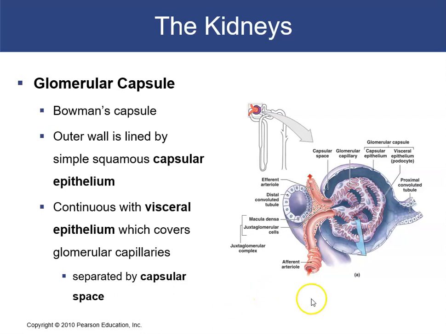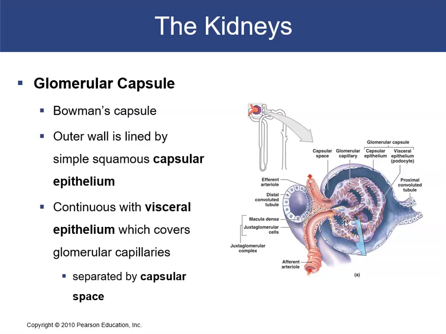The glomerular capsule is also often referred to as the Bowman's capsule. The outer wall of the capsule is made up of simple squamous epithelial tissue. And as we can see, it comes around and is continuous with another type of epithelial tissue known as the visceral epithelium. This is this purple structure here.